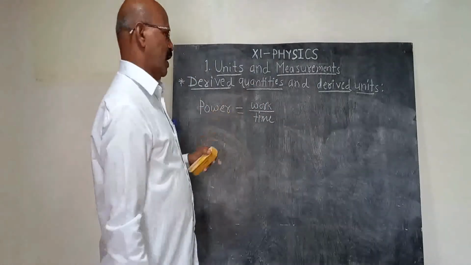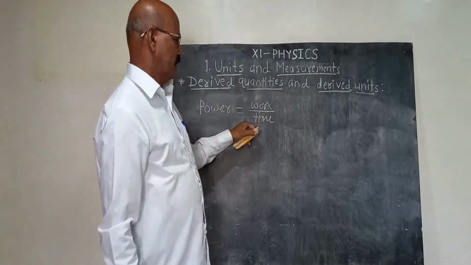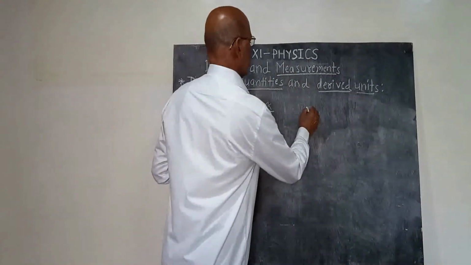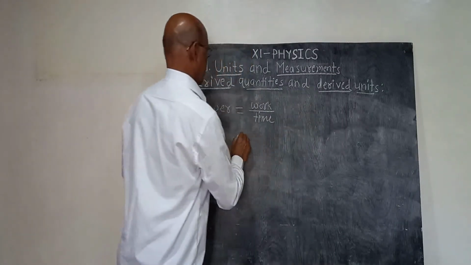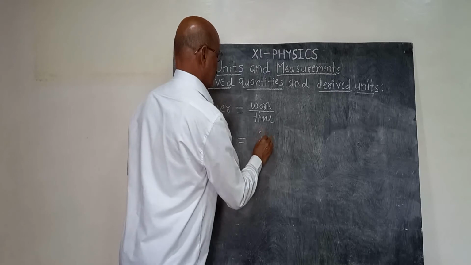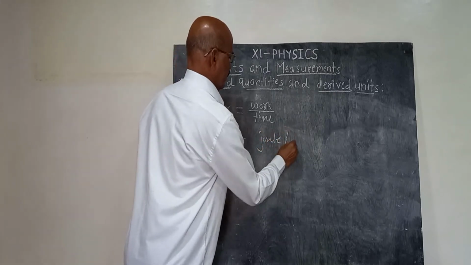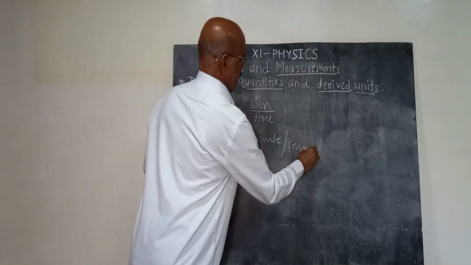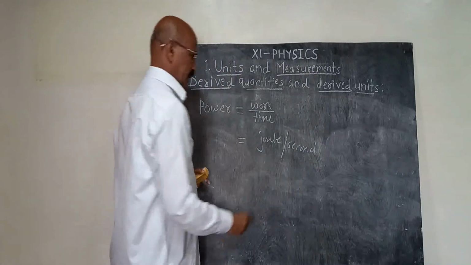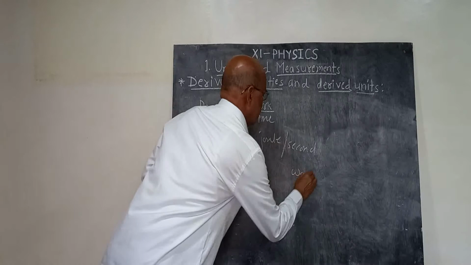SI unit of work is joule. SI unit of time is second. So symbolically we get joule per second, and it has the special name watt.